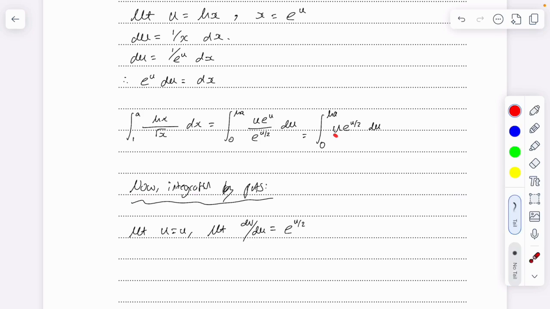Okay, so u equals u, dv by du is equal to e to the u over 2. So therefore the implication there is that v is going to equal 2e to the u over 2.